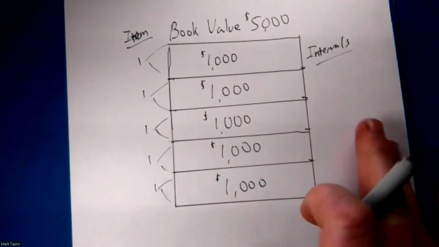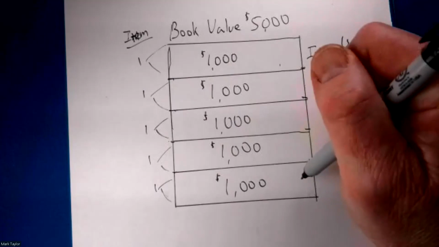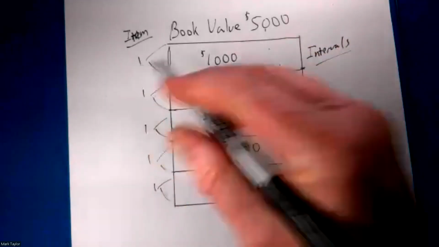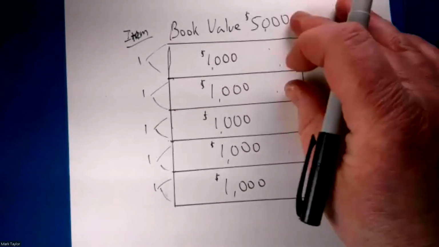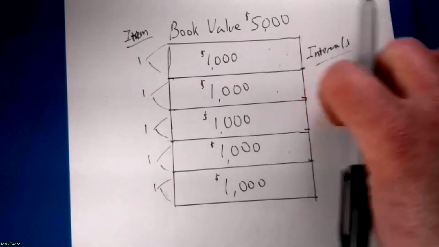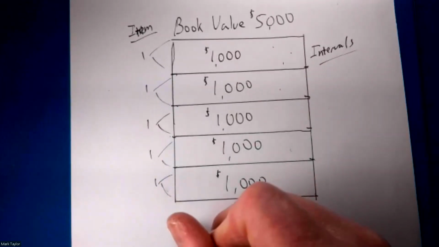So we're breaking it up, kind of like making it into, in this case, 5 different sample groups, but just taking one item and letting it represent that entire part of the book value. Okay, let's see how this works. Basically it's similar to the ratio estimation.